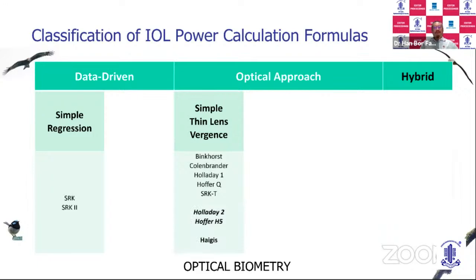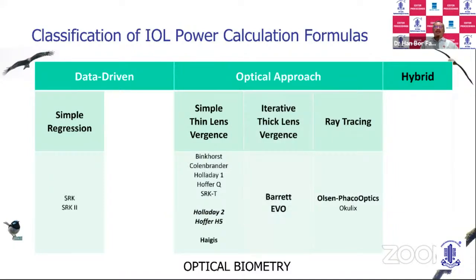Holladay 2, okay, and then Haigis, which is mainly based on optical biometry. Of course, subsequently there is ray tracing, an iterative thick lens version. These are based on computational power as well as thick lens. They need a computer to iterate the power.